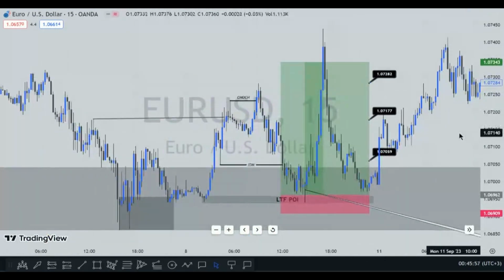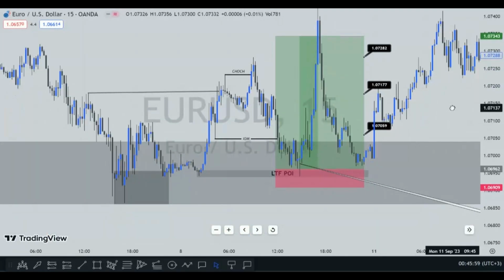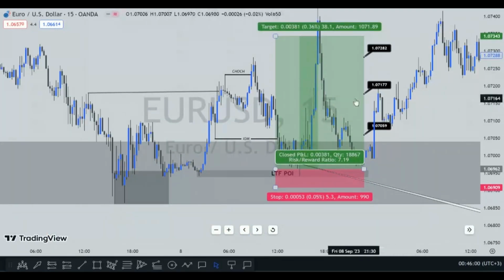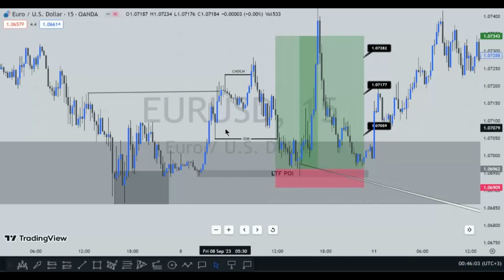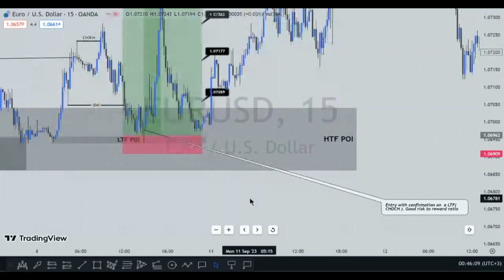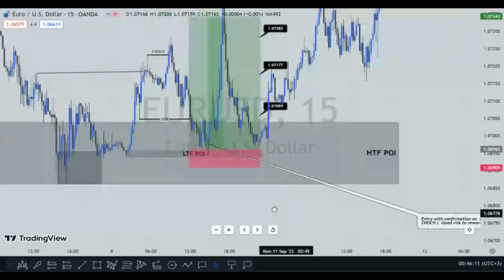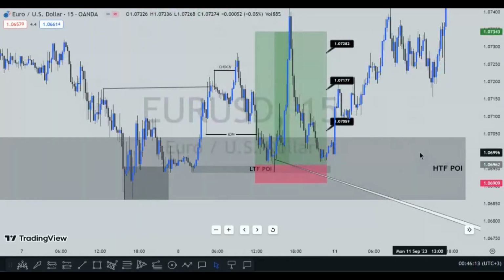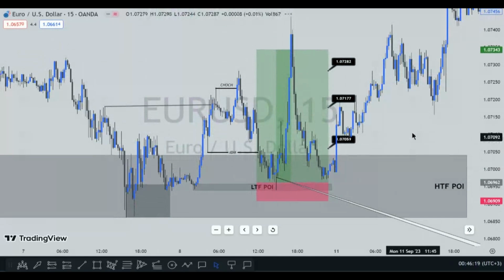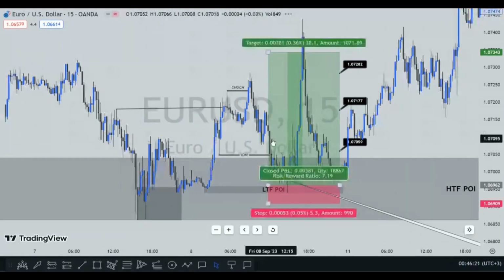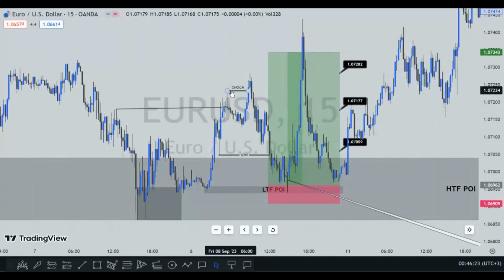So now pay attention to this. After price tapped my POI on a higher time frame, which is 4 hours, I marked out my change of character.